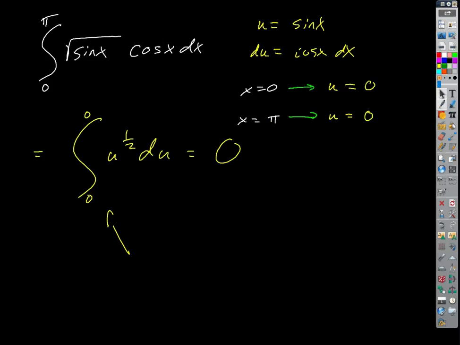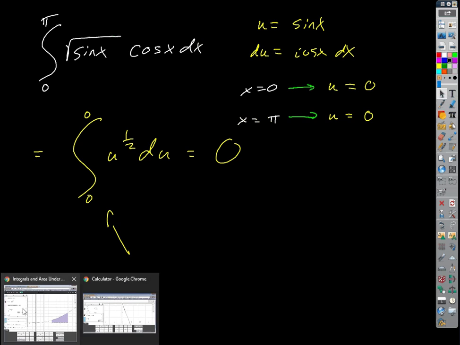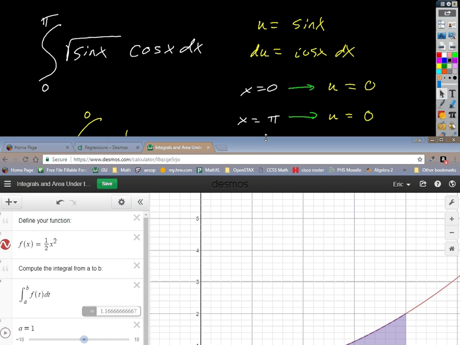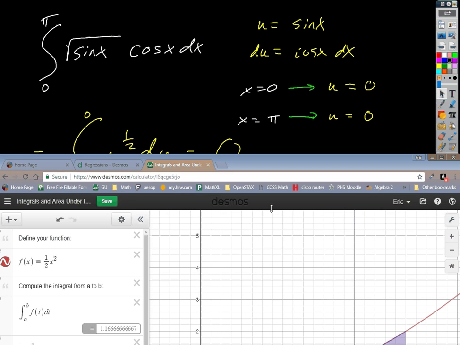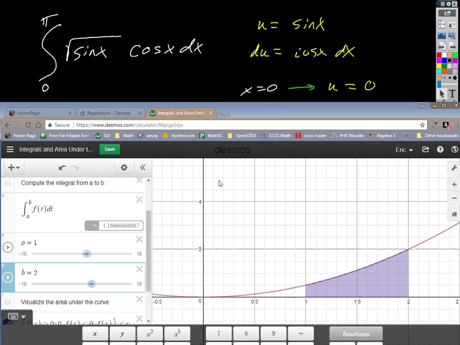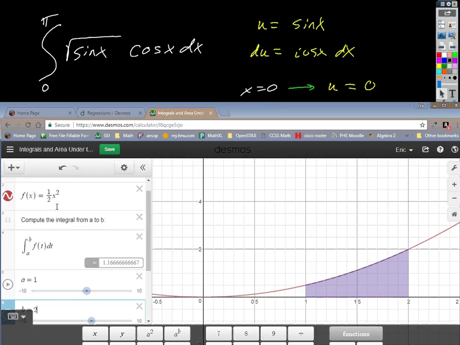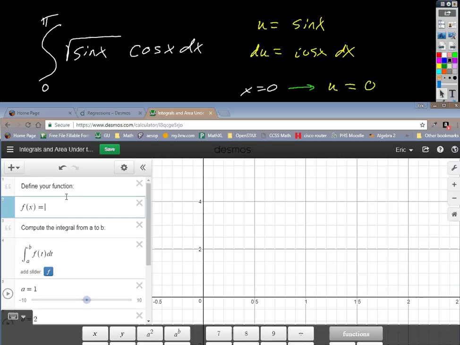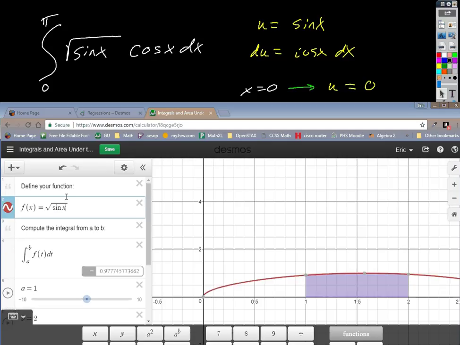So let's try this. So our function is square root sine x. Well, we got to make sure I'm in the right mode too. So I've got to be in radians mode.